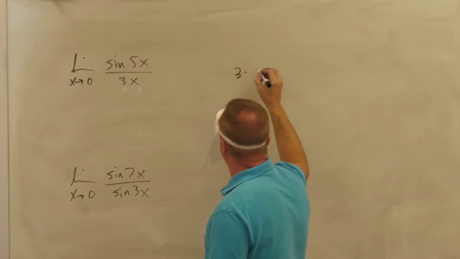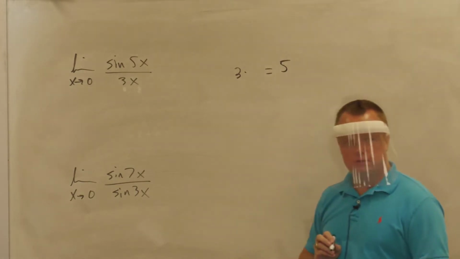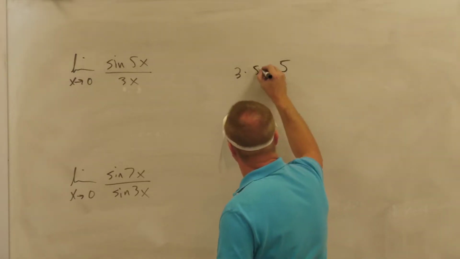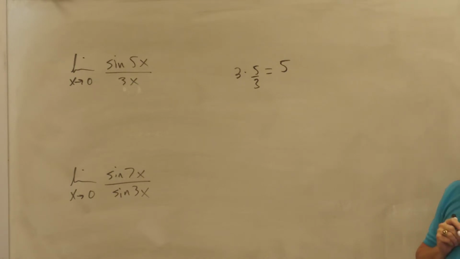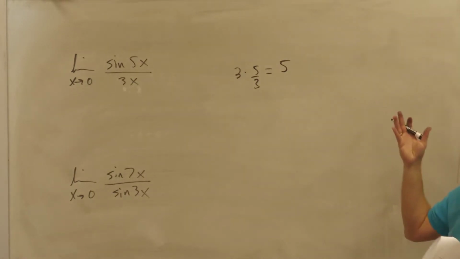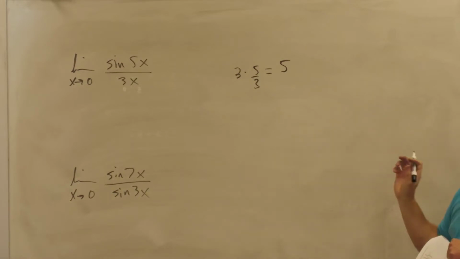I'm going to multiply 3 times something to get 5. What would that be? Well, what about 5/3? The 3's cancel, and then you get 5, right? So if I want to change 3 to 5, I just multiply by 5/3.